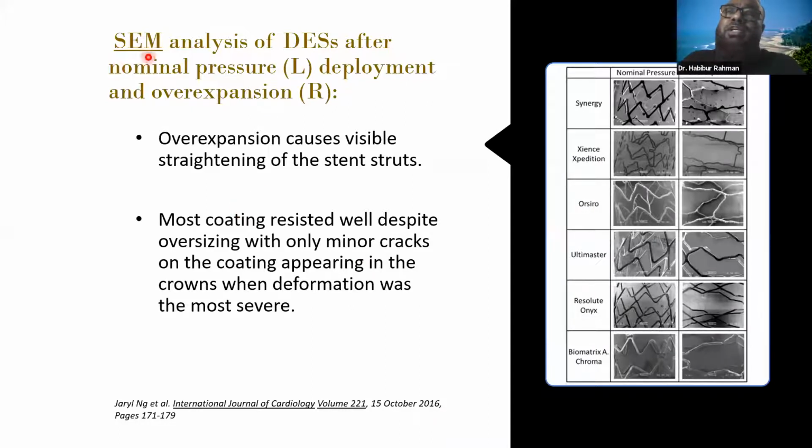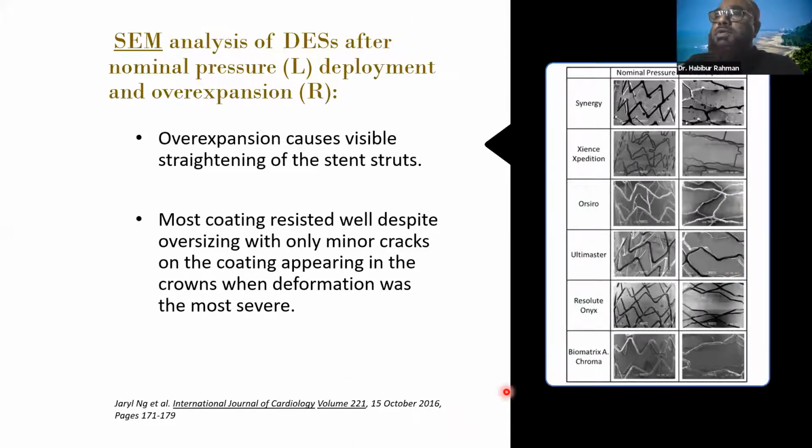Here is another electron microscopic analysis of DES at nominal pressure and overexpansion. The left side shows nominal pressure and the right side shows what it looks like at overexpansion. Here the expansion occurs but without significant deformity, shortening or other deformities.